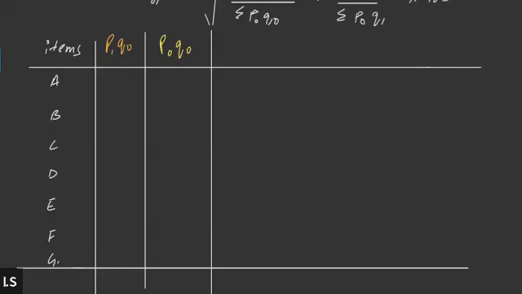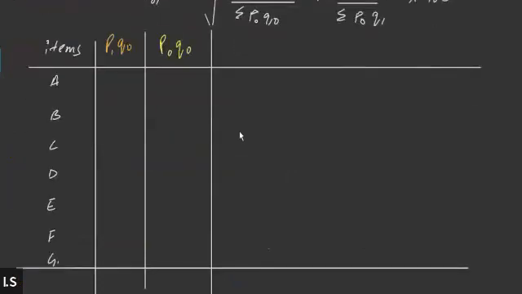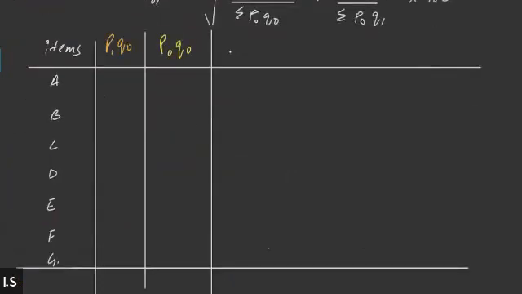Now let's also discuss how we calculate index number by Paasche method. So see, in Paasche's method, we require sigma P1 Q1. For that purpose, we have to multiply P1 with Q1, so you will have to make one more column, P1 Q1.